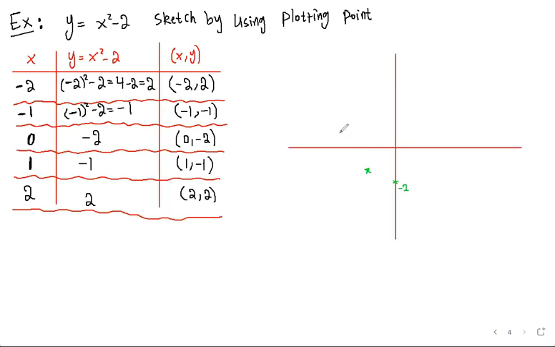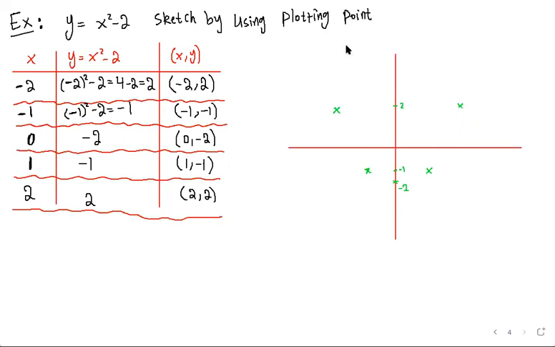So this is my -2 and 2, it looks like here. This is 2. Then 1 and -1. So it will be like here, close to here. And 2 and 2 will be exactly here, similar to here.